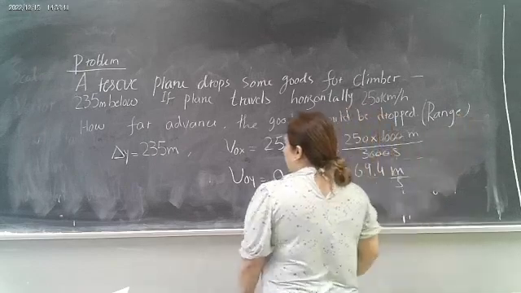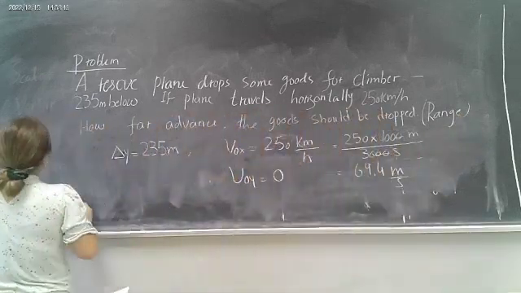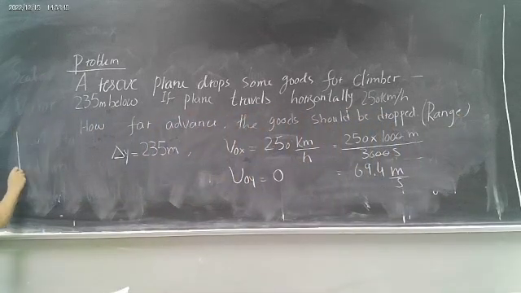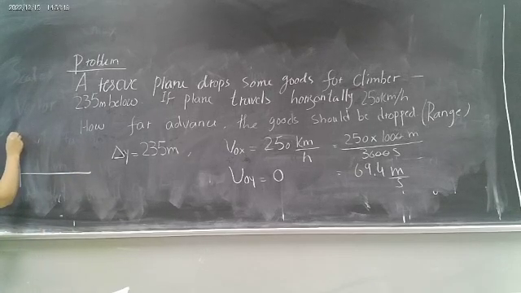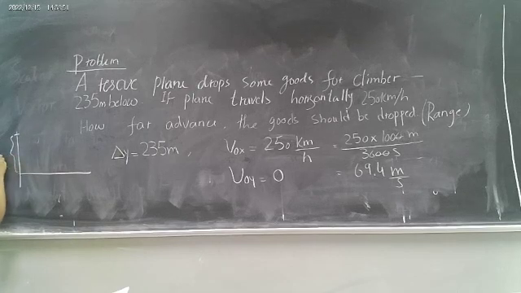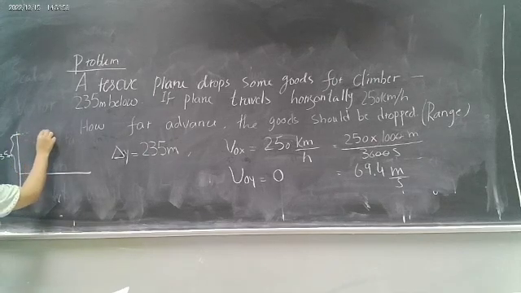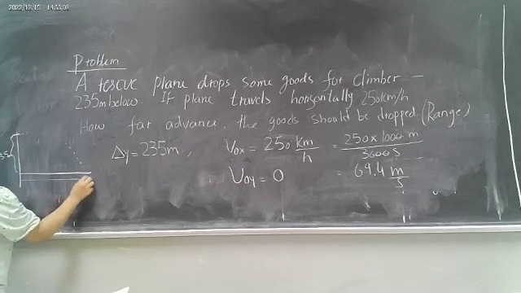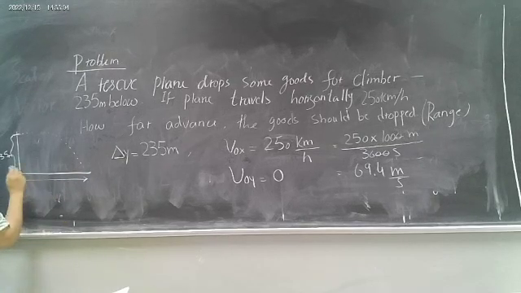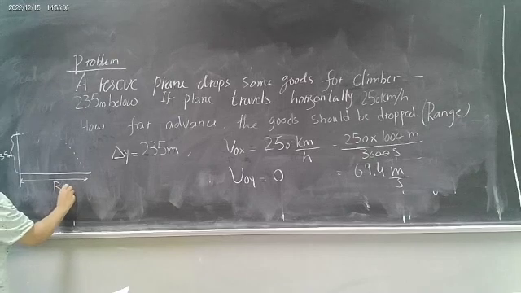If I draw this whole problem here, the plane is here, it drops a good 235 below. That's negative from its own location. However, the goods take the projectile path, and they get dropped at the distance which we are interested to know.